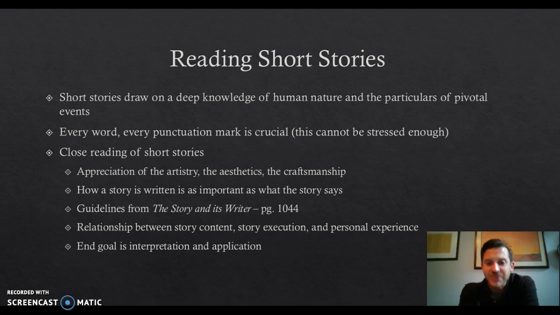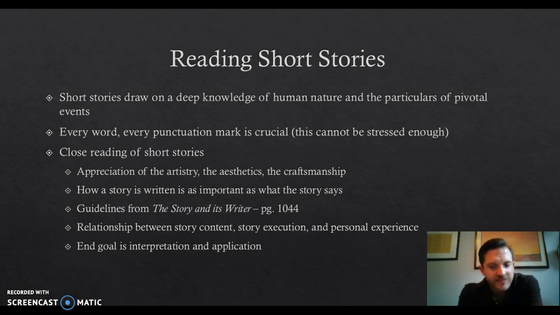Short stories, though, generally speaking, draw on the deep knowledge of human nature and how events shape human nature and how human nature shapes our perception of events to result in an epiphany, a cathartic moment, whatever.